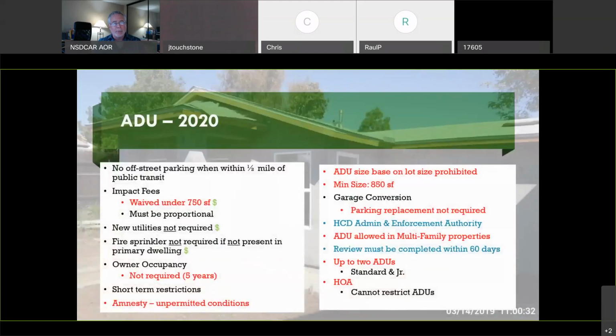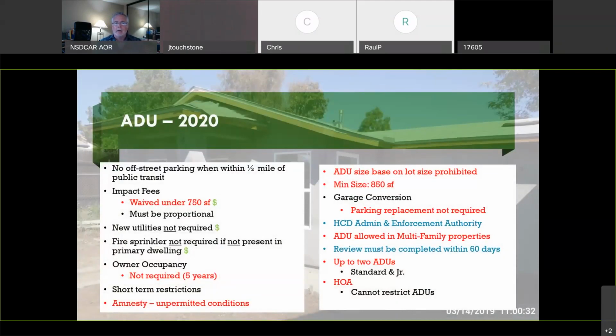What had happened in 2019 is they basically went back through legislation and really looked at a lot of the hurdles. And, in my opinion, they removed every hurdle that we were running into in the marketplace. So, nothing new with off-street parking, impact fees.